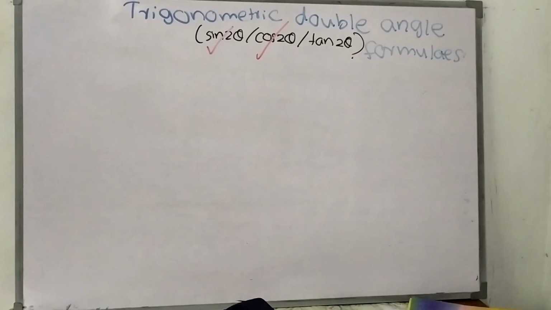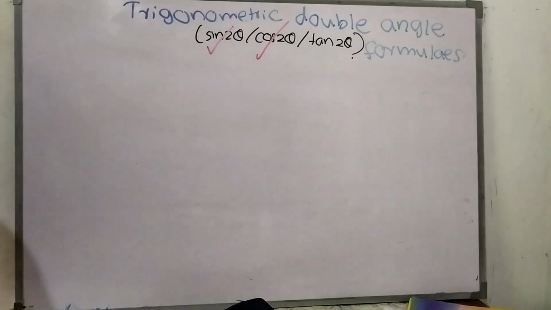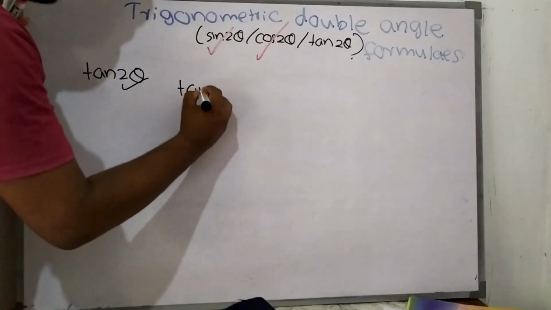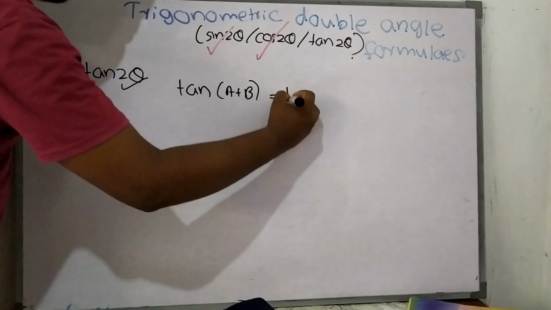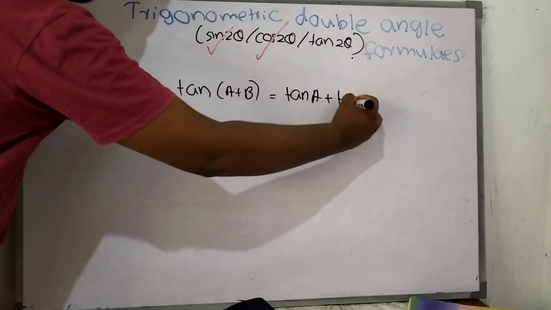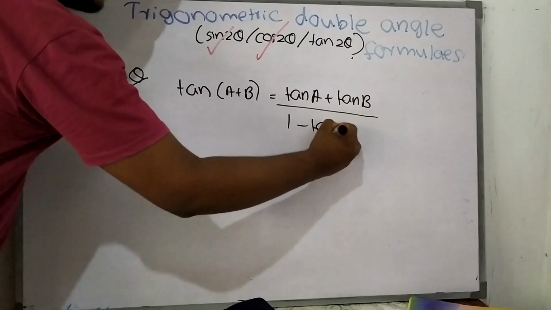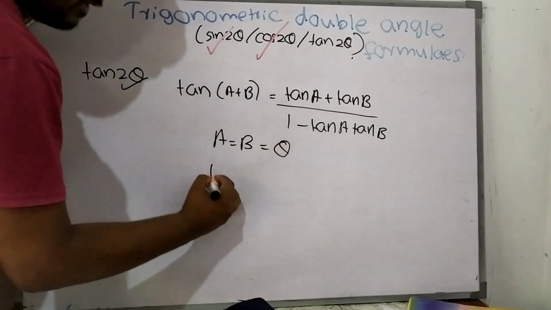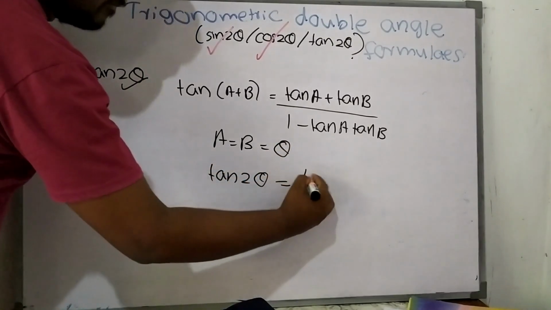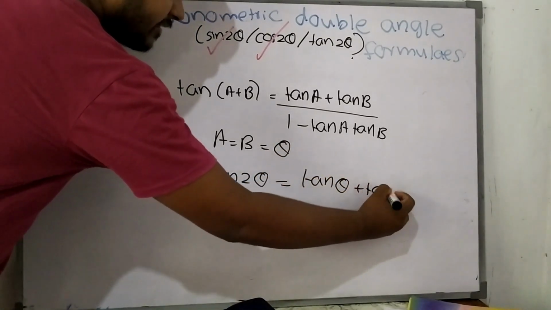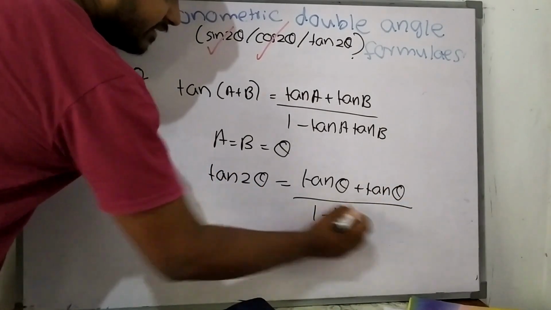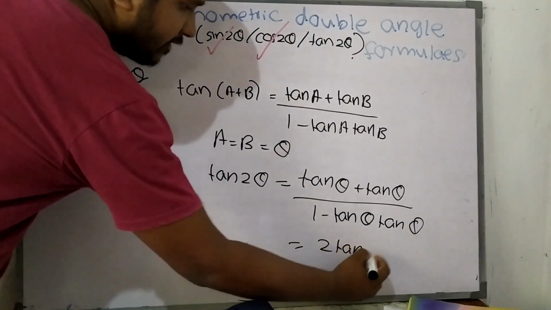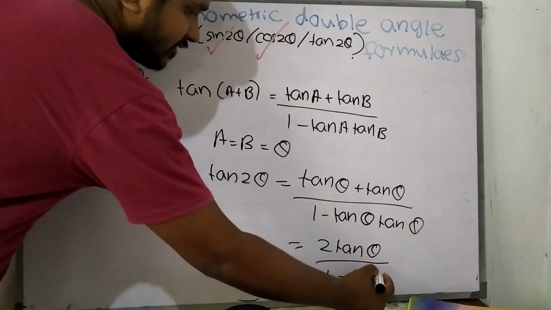Okay children, let's see how to expand tan 2 theta. We use the formula tan A plus tan B over 1 minus tan A tan B. Assume A and B both equal theta, then tan 2 theta will be tan theta plus tan theta over 1 minus tan theta tan theta, which is 2 tan theta over 1 minus tan square theta.